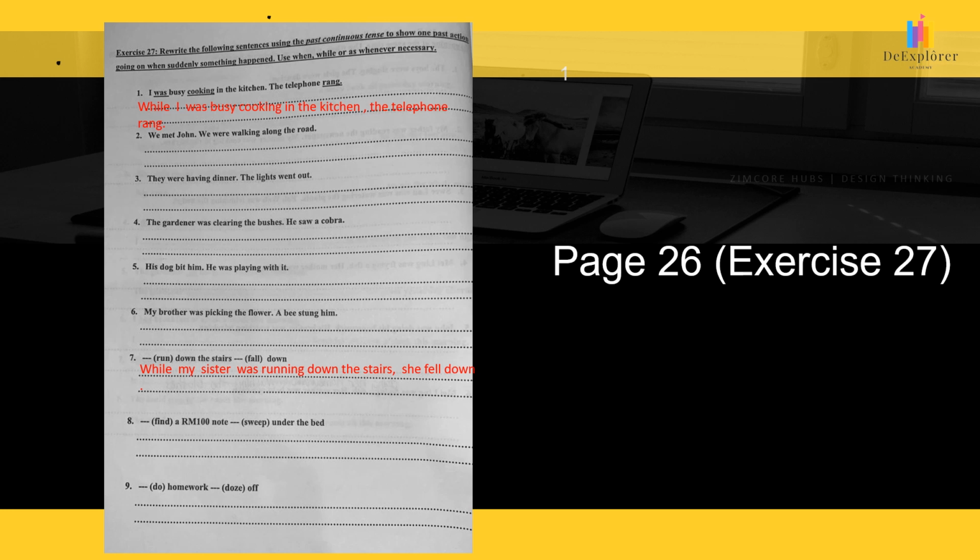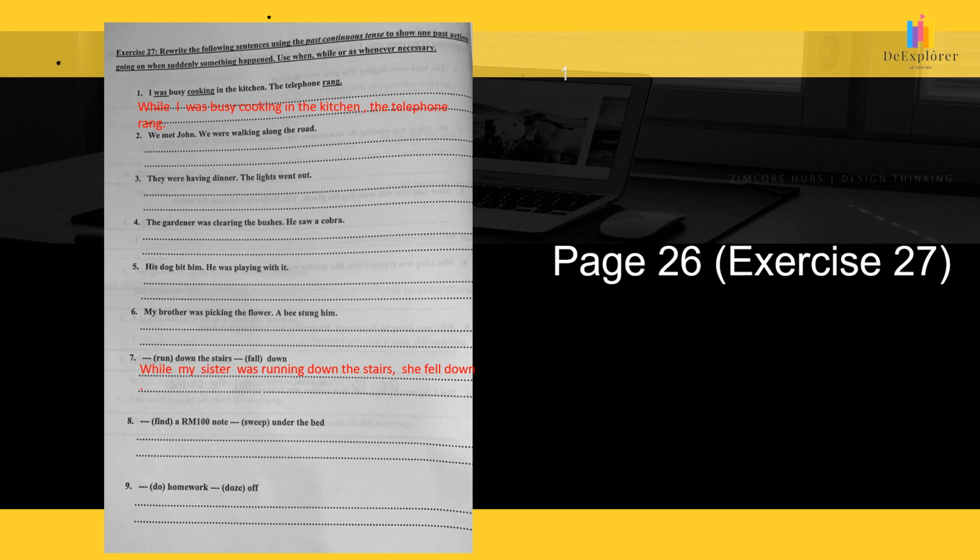So which is the action going on? 他正在做什么？突然间什么事发生？ So of course, logic is 他正在跑下楼梯，突然间跌倒。Right? Okay, so what you need to do now is use a pencil and write for the word run. 那个 word run 它的上面你就写 was were running.